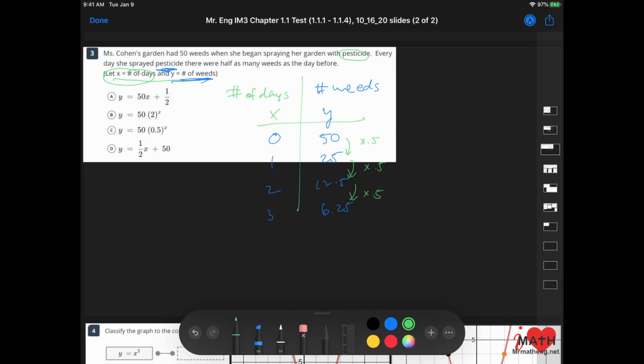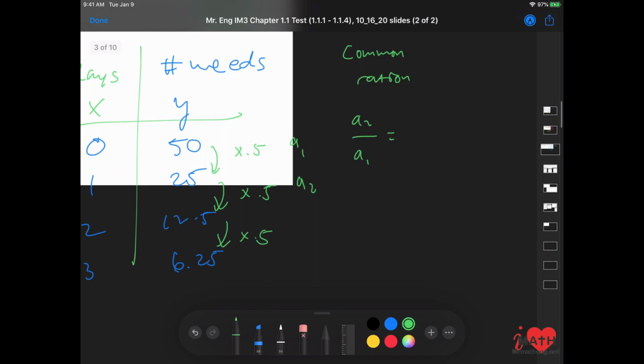Here is another way of finding the common ratio. You take your second value, let's call this A2. A2 divided by A1. So you take 25 over 50 and just reduce that. 25 is 25 times 1, and 50 is 25 times 2, and 25 divided by 25 is 1.